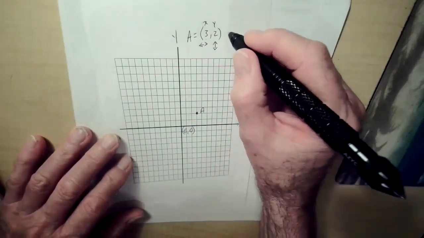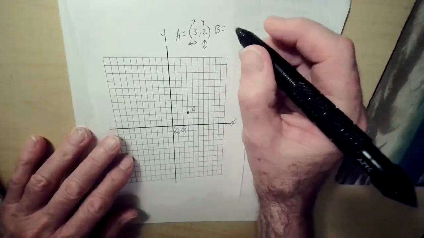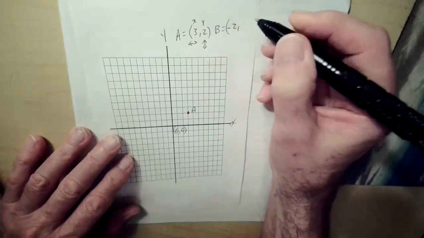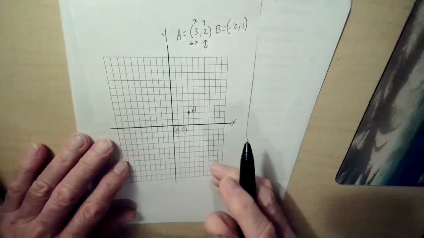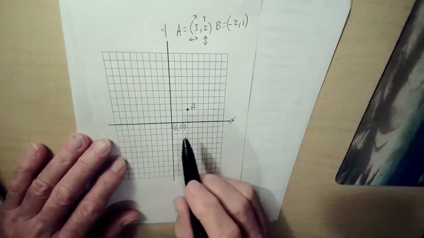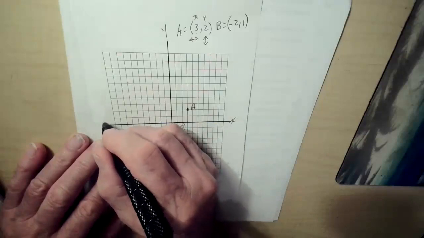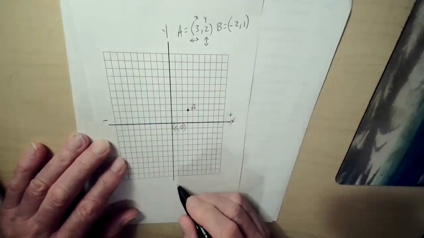Now, if you're given that B is negative 2, comma 1. Okay, now remember, negative numbers are to the left. Negative numbers, positive numbers.